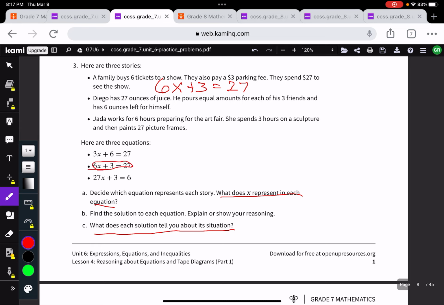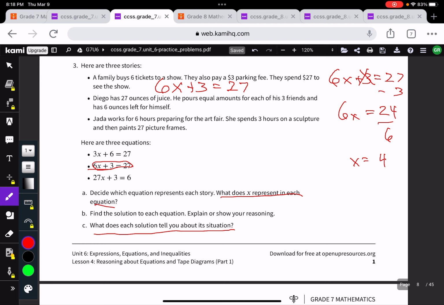So if they spent a total of $27, and let me write it over here. If we get rid of that $3 parking fee, that leaves $24 left for the 6 tickets. Well, if we split that 6 ways, guess what? X equals 4.